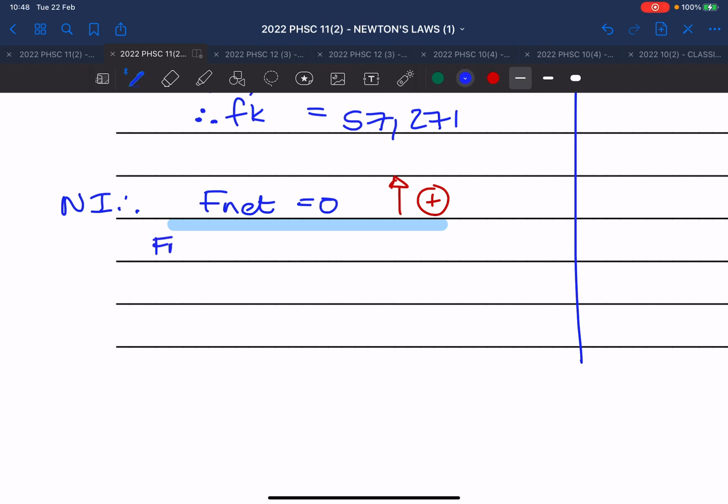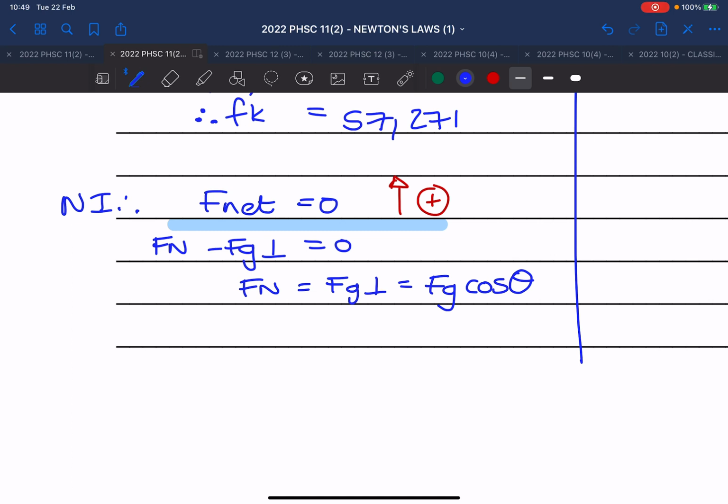Then I have Fn minus Fg perpendicular is equal to 0. So Fn is equal to Fg perpendicular. How do I calculate Fg perpendicular? Fg cos theta. Just to save space, I'm writing next to each other.